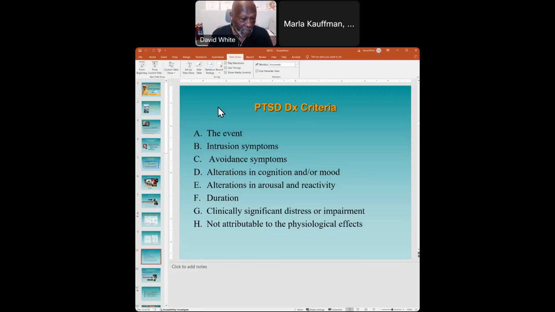And you want to know now that these symptoms that you're seeing can't be attributed to physiological or psychological effects. So there isn't any medical or mental health issue that already exists that would cause these things. And if you meet all those criteria, you can now diagnose a person that has secondary traumatic stress as also being in the category of having PTSD.